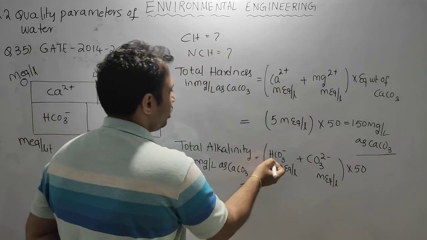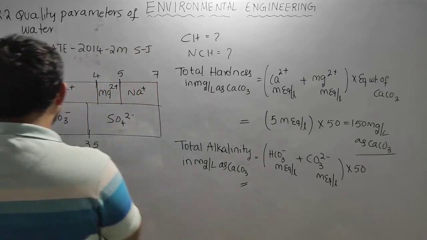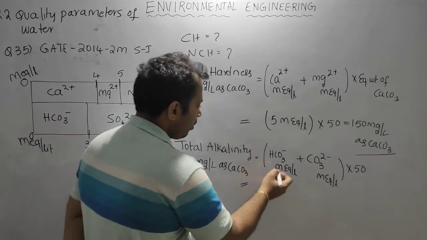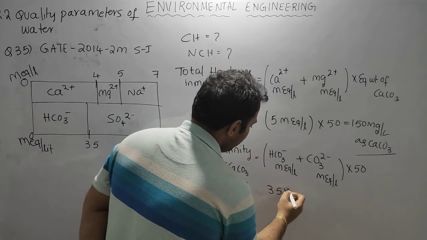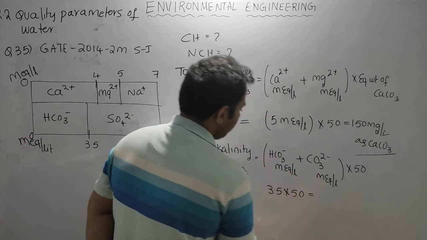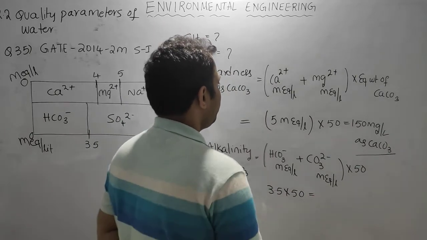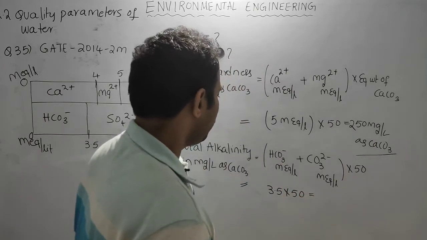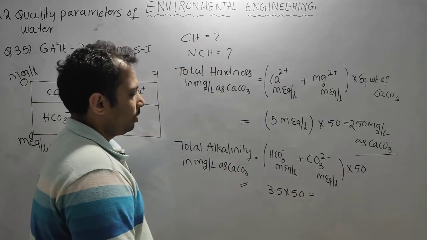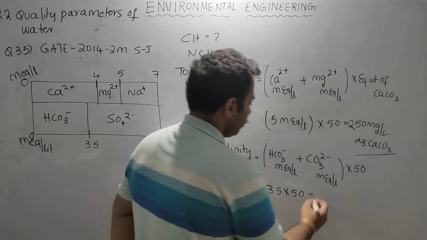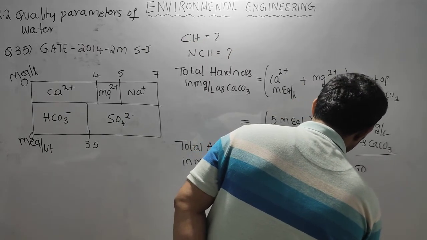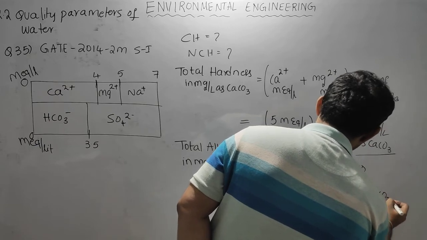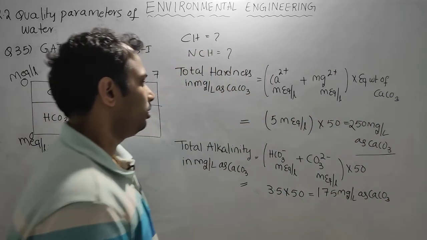Here CO3 2- is not there. HCO3- is 0 to 3.5, that means 3.5. So 3.5 into 50 is 175 mg per liter as CaCO3.